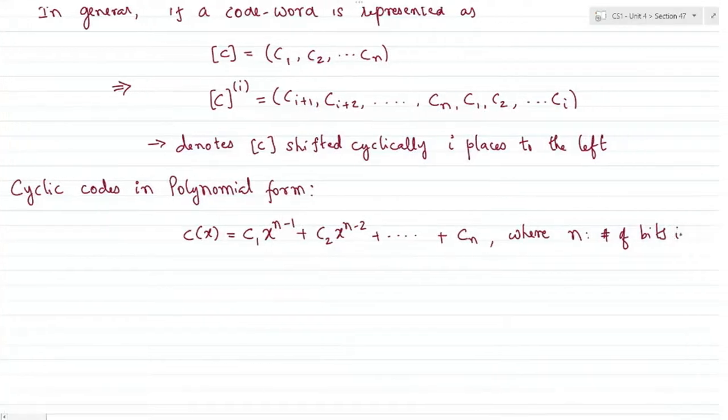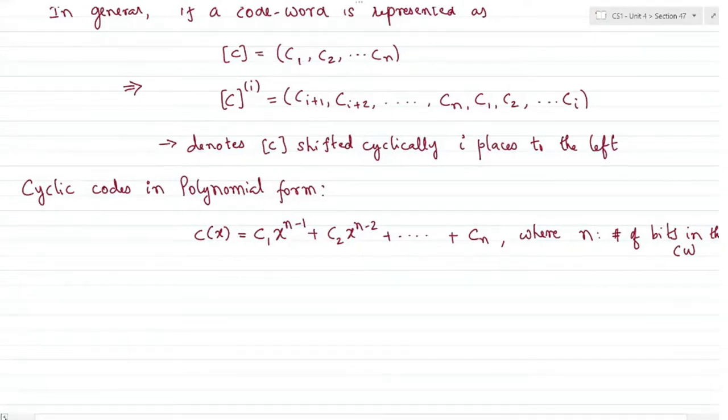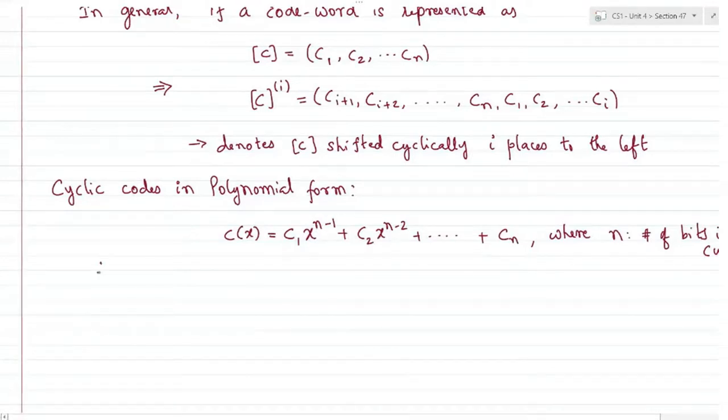Therefore, C of x is a polynomial of order n minus 1, an n minus 1 degree polynomial.